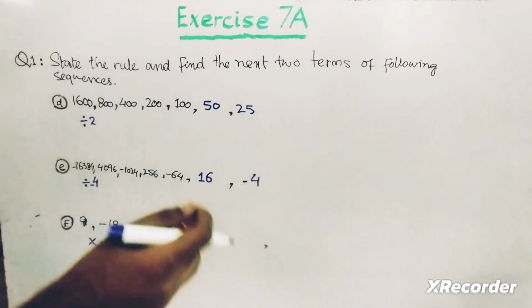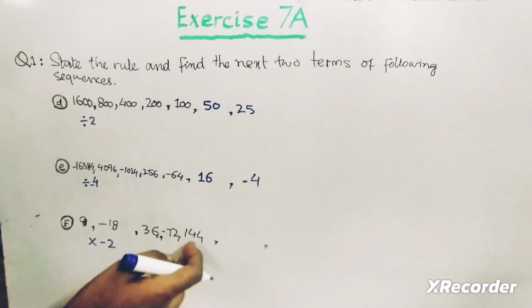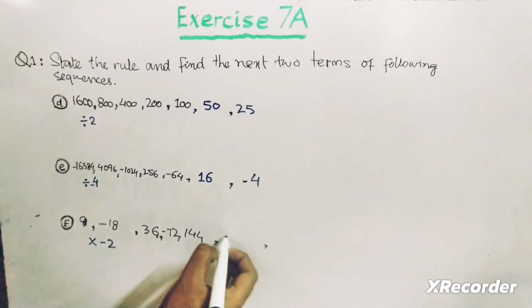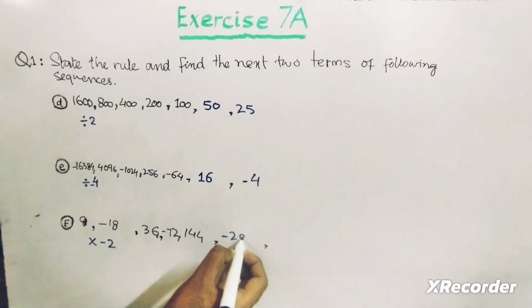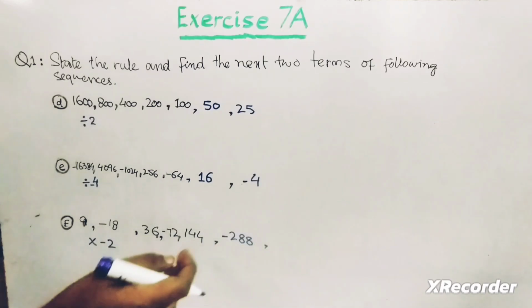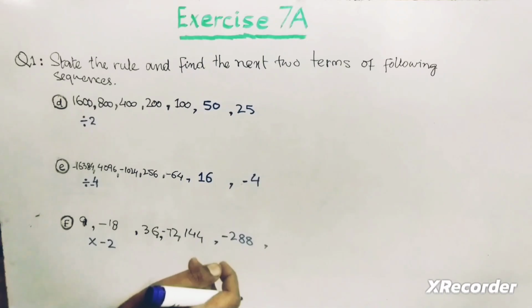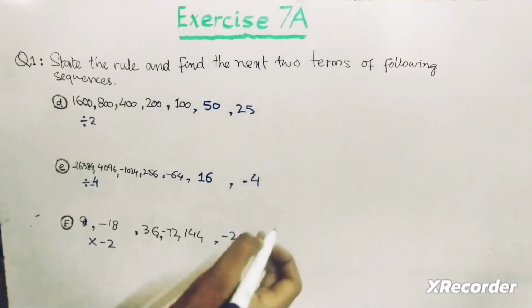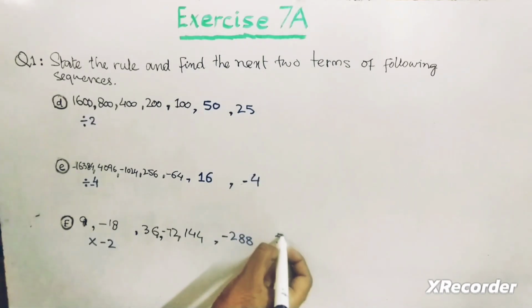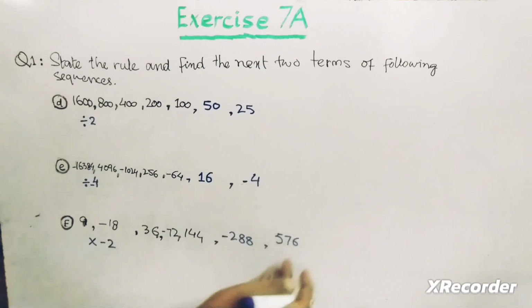So 144 multiplied by minus 2, we get minus 288. And when we multiply minus 288 by minus 2, we get positive 576. And these are our required terms.